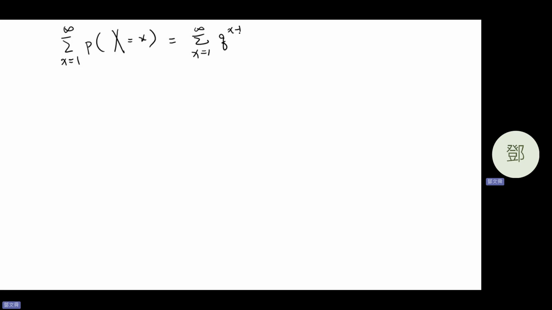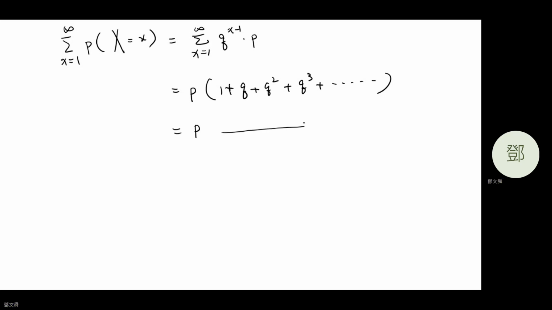The sum of q to the x minus 1 times p. So it is p times (1 plus q plus q squared plus q cubed, and so on). That's a geometric series. And it is p times (1 minus q to the power infinity) over (1 minus q).